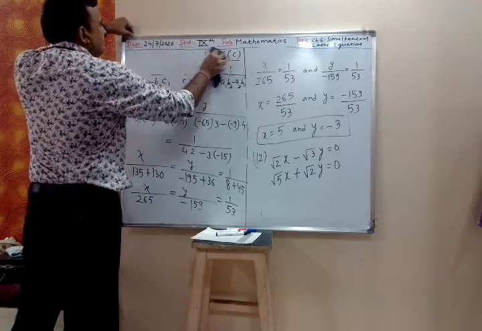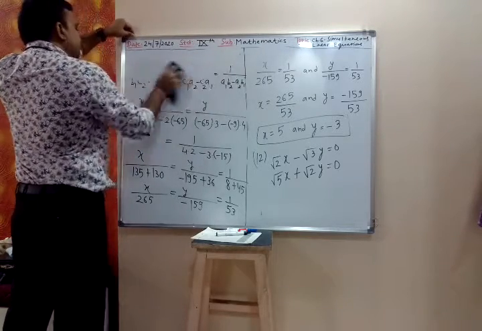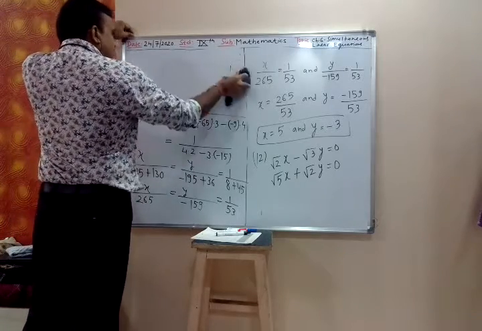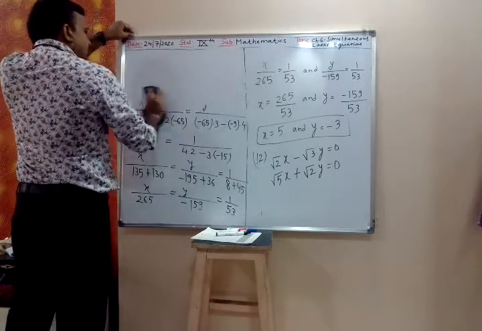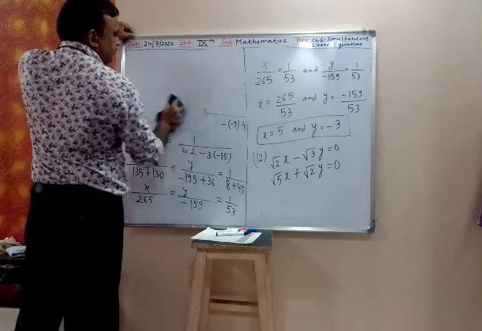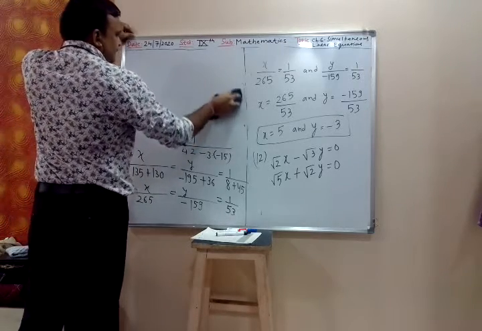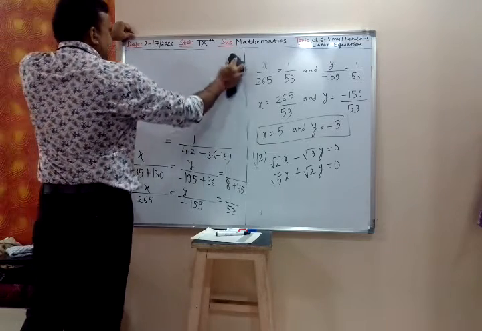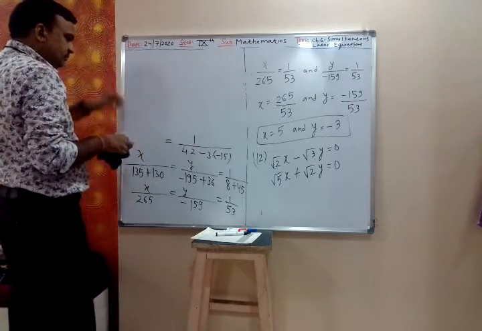Yes. See, it is not a new problem. Only by seeing root 2 and root 3, you think that it is different. No. The working method will remain the same. Whether it is given 2 or root 2, it does not matter.